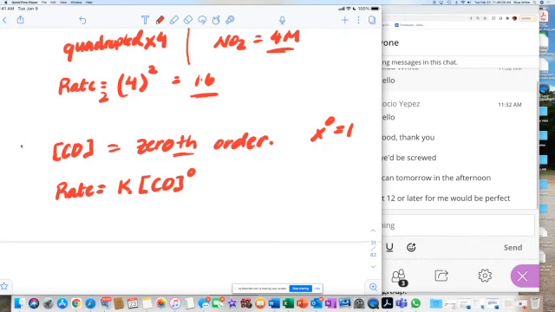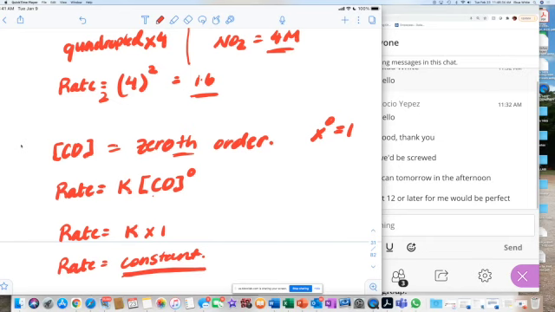Once again, we're trying to see, based on what I did last week, what this means. So rate is equal to K times CO to the power 0. Since CO to the power 0 is the same thing as 1, I can rewrite this as rate equal to K times 1. So rate is constant, okay? This just means no matter what I do to CO, the rate is going to be the same number.